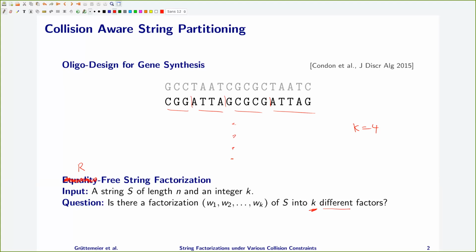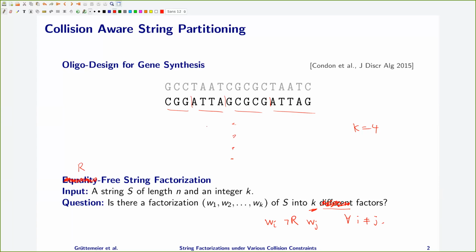We don't want different factors, we want k factors such that they are not in relation R. R is a relation between strings. We can choose an arbitrary one; it doesn't need to be an equivalence relation. It can be anything that you like. They should not be in relation if they are different factors, so if i is not j.